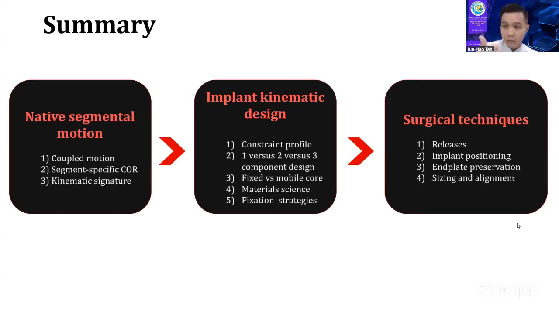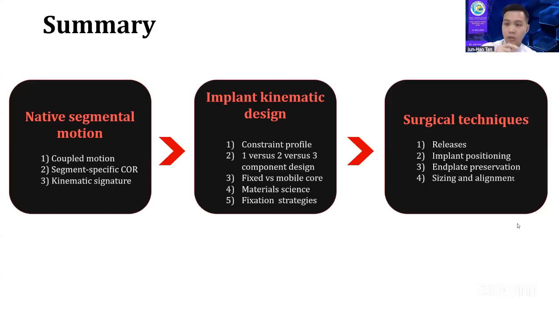So there are things like level of constraint that we've spoken about, 1 versus 2 versus 3 component design, whether there is a fixed or mobile core that gives you more degrees of freedom, whether the materials used are ideal for bearing surfaces to reduce complications and failure, and finally fixation strategies to allow for very early primary fixation, and finally secondary long-term osseointegration.